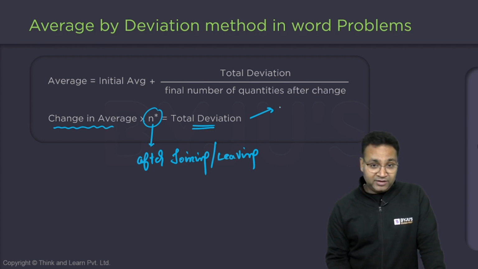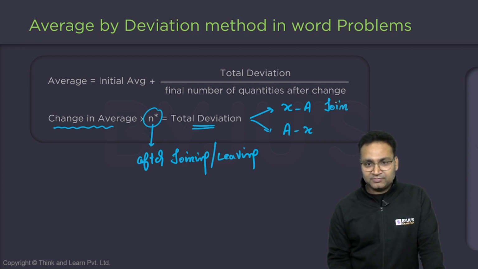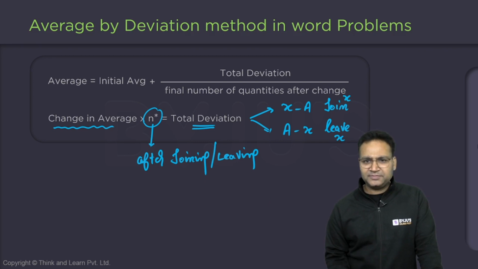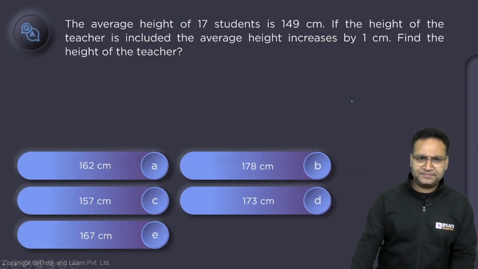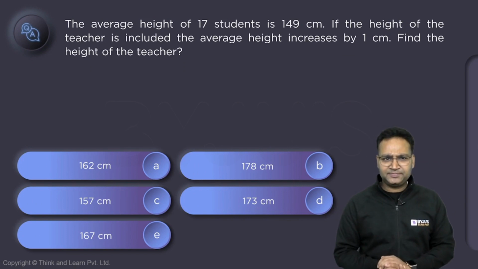It will be x minus a, or it can be a minus x. You know the two cases? x minus a if it is a joining case. Clear? If x joins. And a minus x if x leaves. Choice is yours. Perfect. Do it, guys.